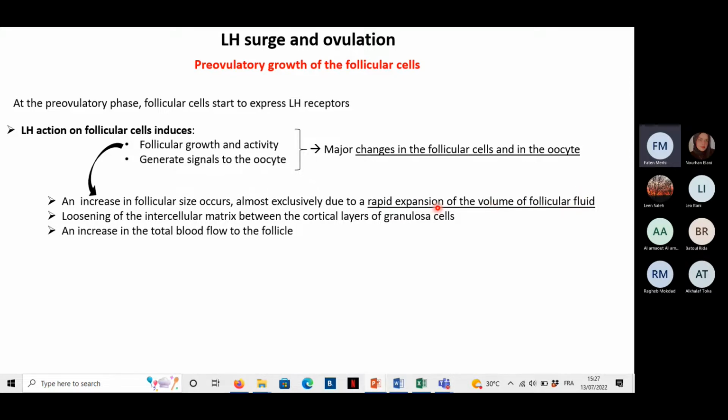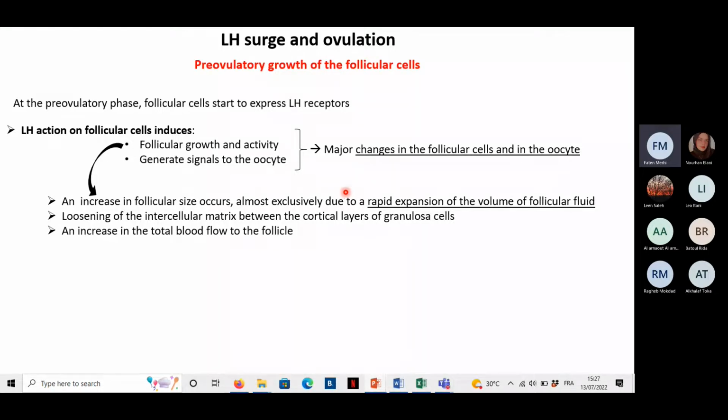We will also see that due to this LH surge, we will have production of hyaluronic acid by the granulosa cells, and the hyaluronic acid will be released in the antral cavity, in the fluid. And hyaluronic acid has the property of retaining water.